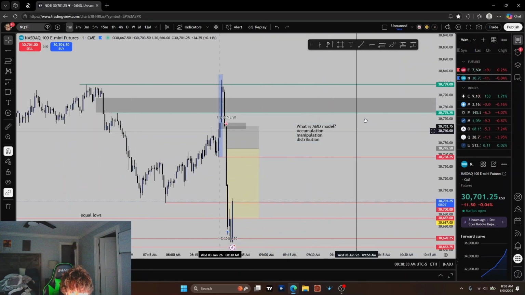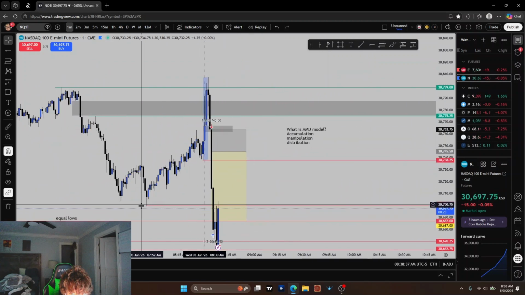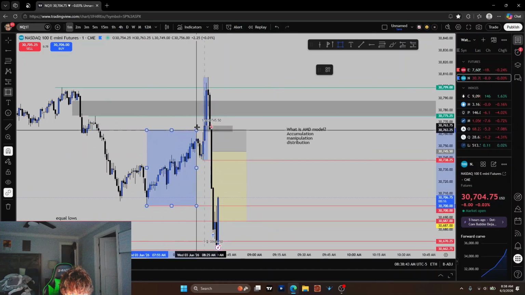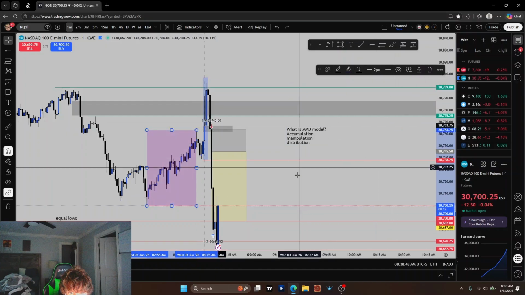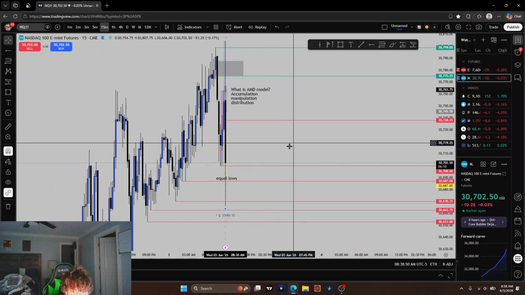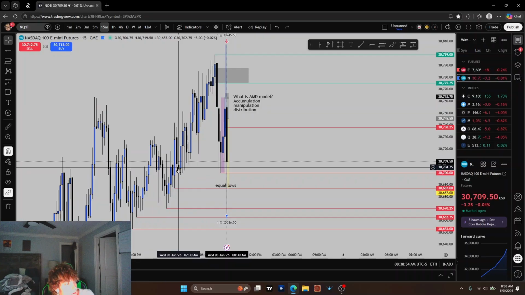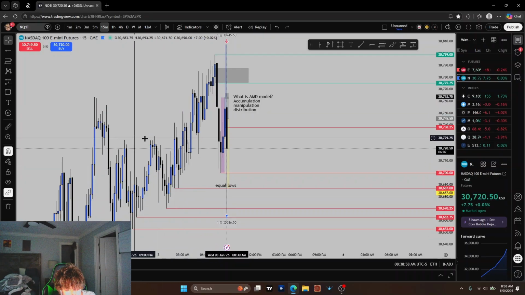So as you guys can see, we are accumulating all of this liquidity, right? We're accumulating all this liquidity. Mark this a different color, we'll mark it as purple. Not only that, but we're also accumulating all of this liquidity during, I guess, pre-market. Well, this was last night.